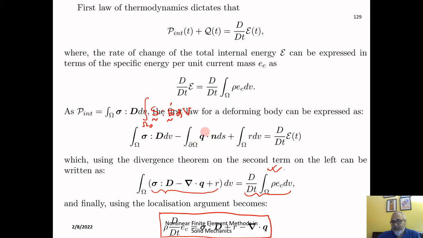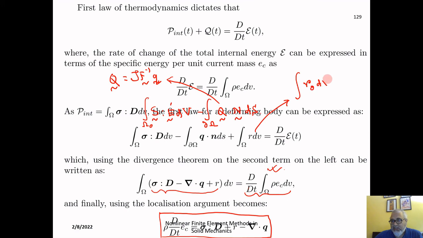We have defined a capital Q so that the total flux is capital Q dot N d capital S. Remember, we defined capital Q as J F inverse Q. This was defined a few slides ago, and then we can define some R naught, which is equal to J R, so we can define R naught d capital V.